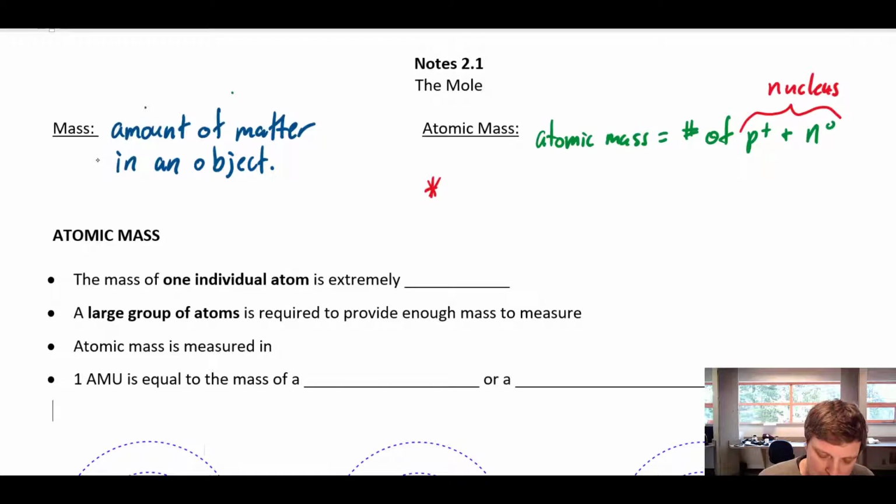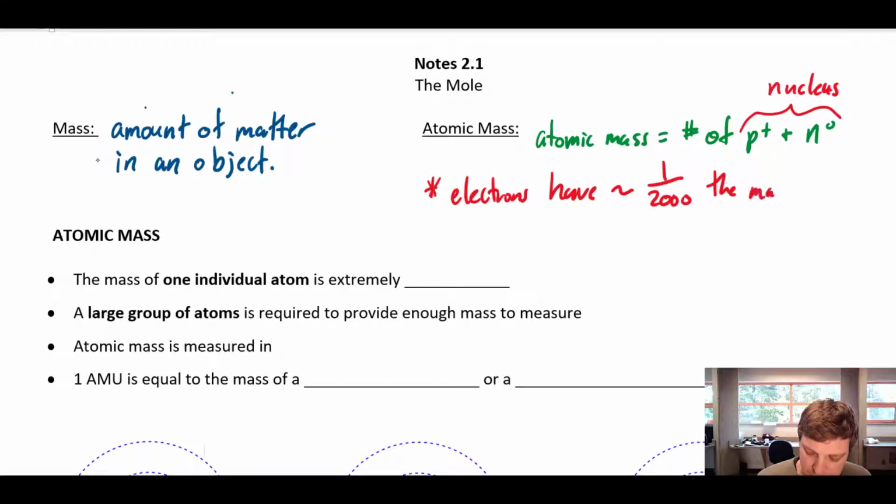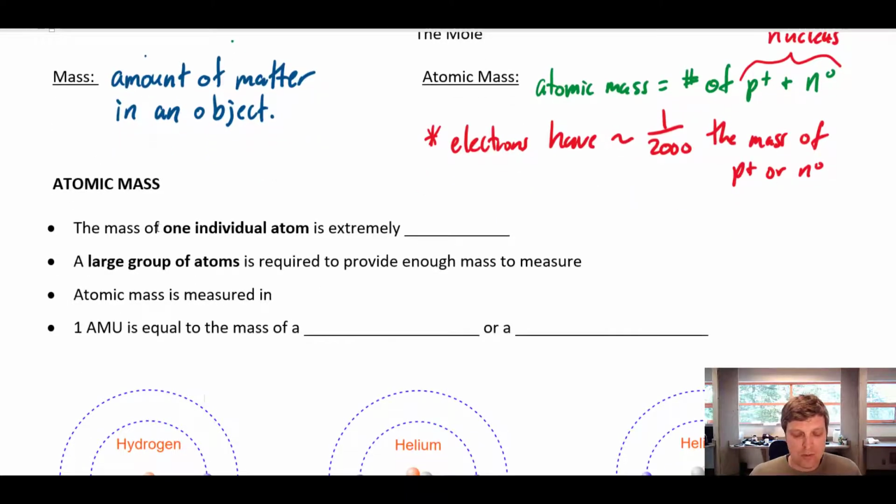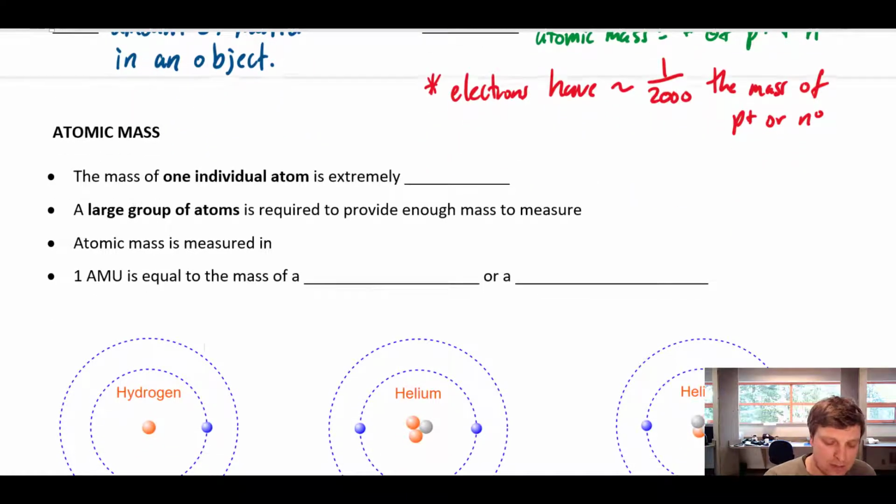Just a reminder that electrons have approximately 1/2000th the mass of a proton or neutron. So yes, electrons are matter and yes, they have mass, but it's so much smaller. They're so much smaller that we don't really factor it in. We don't count it.